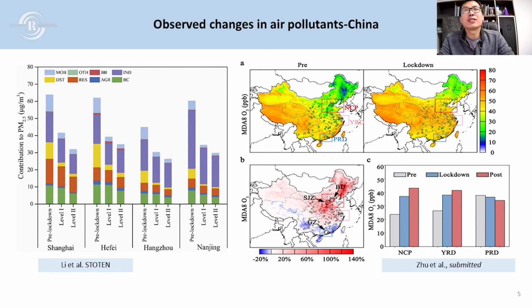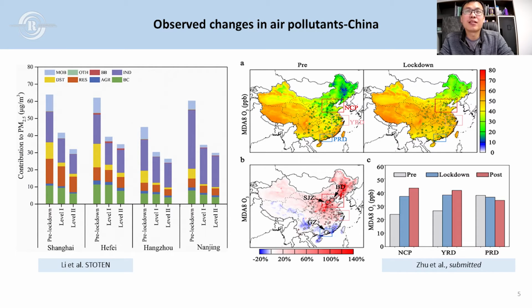In many countries, we have observed changes in air pollutants. This slide shows the changes of air pollutants in China. We can see that in Shanghai, Hefei, Hangzhou, and Nanjing, major cities in the Yangtze River Delta, PM2.5 concentration decreases from the pre-lockdown period to the two different levels of the lockdown episodes.